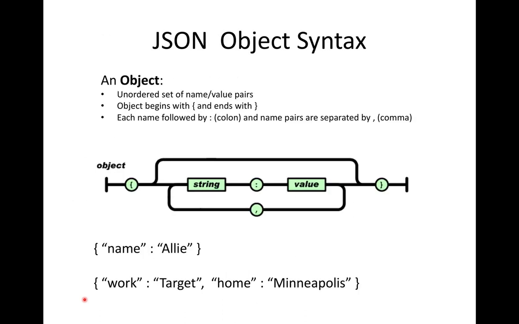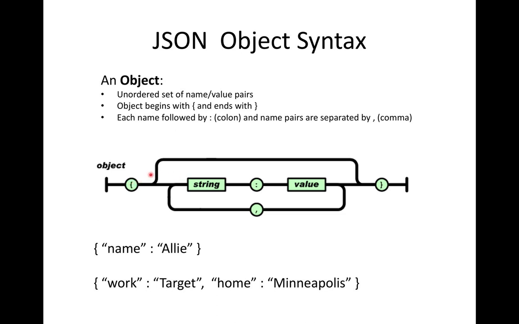And when you're looking at the JSON object syntax, if you look at the official JSON documentation on the internet, you will encounter these syntax diagrams. And the way you read them is from left to right. So a JSON object must begin with a left curly bracket, and then you follow one of these paths.